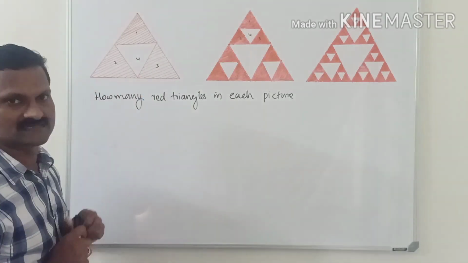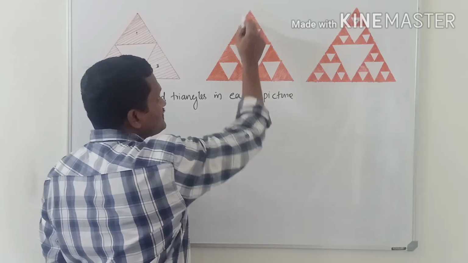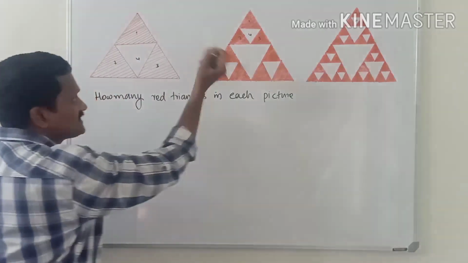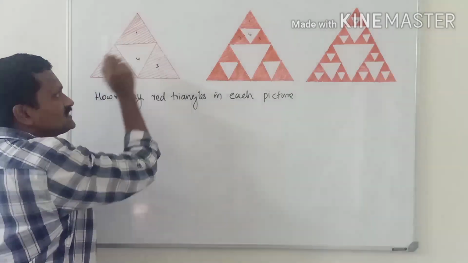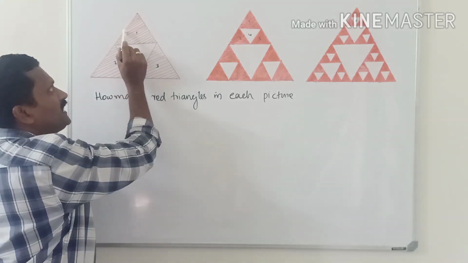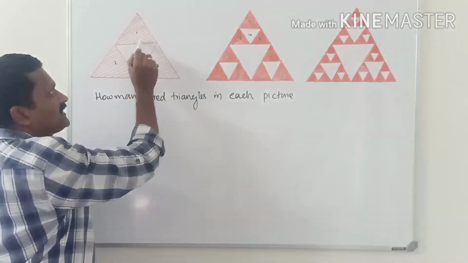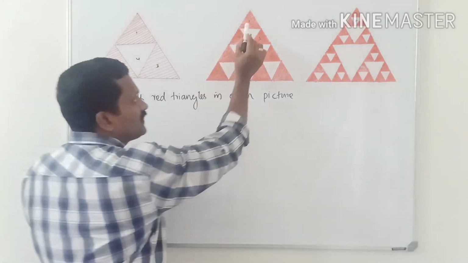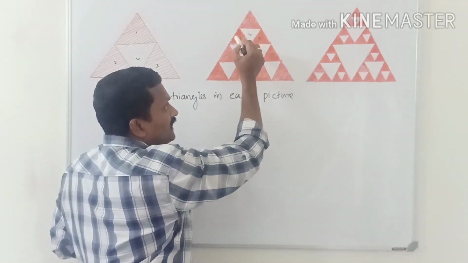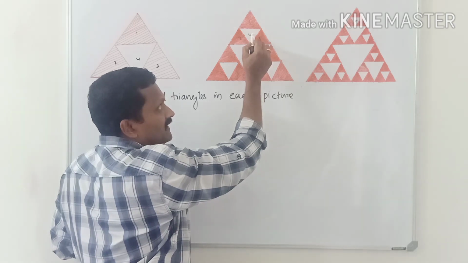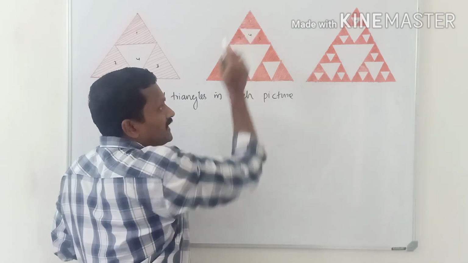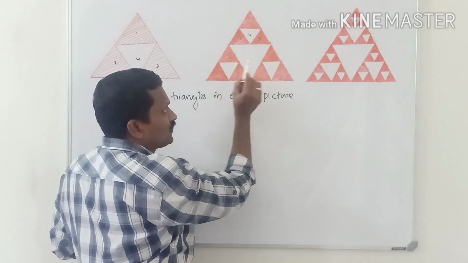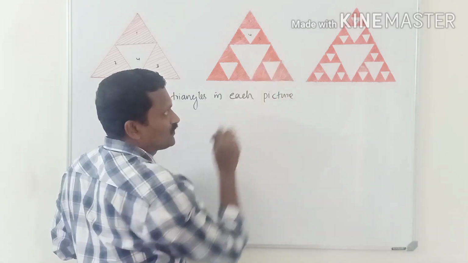The second figure is formed from this first one by joining midpoints of each red triangles. The shaded triangles are red. So we got 3 red triangles and 1 cut triangle, that is total 4 triangles. Here also total 4 triangles.